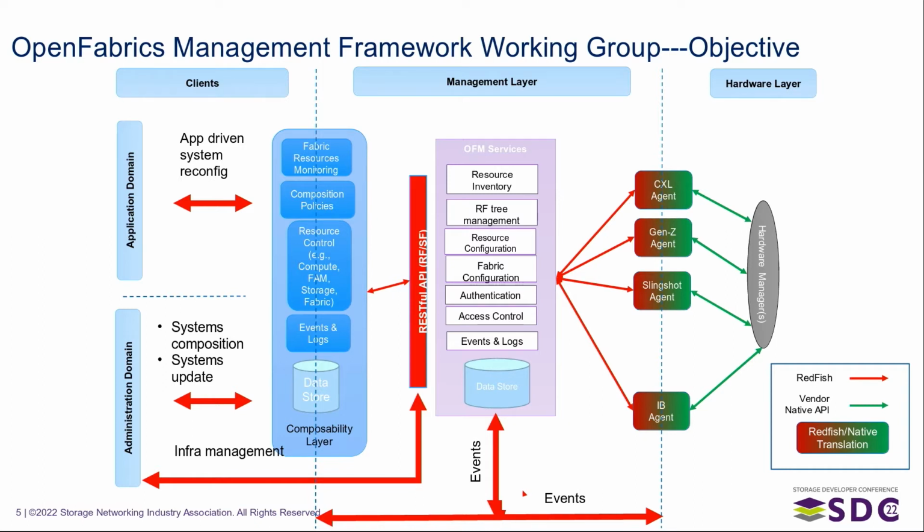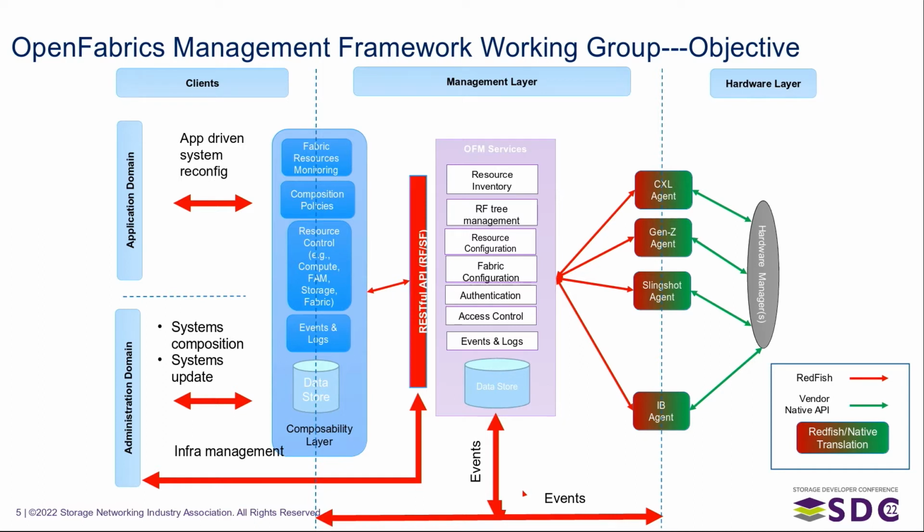You can check remote inventory. You can check things like the fabric consistency. You can authenticate, because you can do things with authentication and access controls. It'll gather event logs, and obviously everything goes through a Redfish tree management and Swordfish.